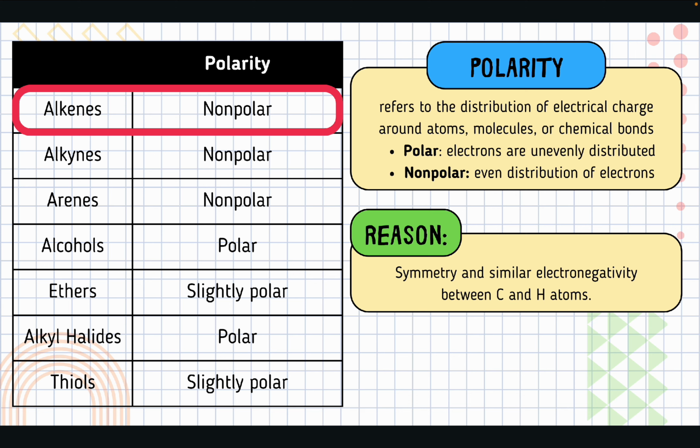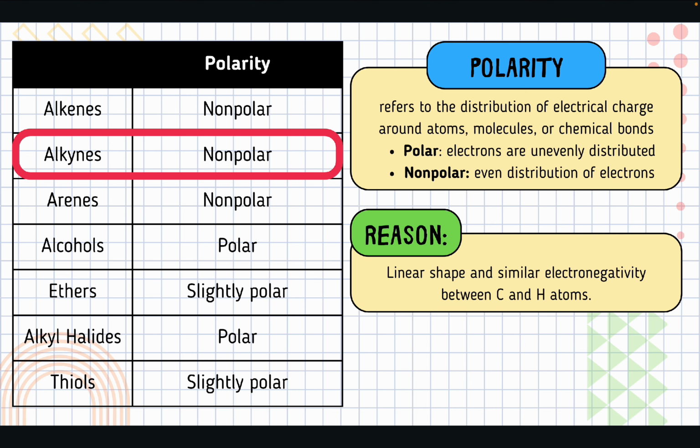Alkenes are nonpolar because they are mainly composed of carbon and hydrogen, which have very similar electronegativities. Also, the C double bond C is symmetrical, so there's no significant charge separation. For alkynes, like alkenes, they are also composed of carbon and hydrogen, so the C triple bond C is linear and symmetric, leading to an even distribution of electron density.